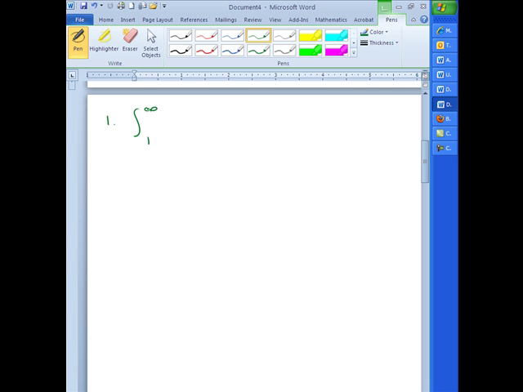So the integral from 1 to infinity of dx over x. This is the same as the integral from 1 to infinity of 1 over x dx. And so you should be able to integrate this. When you integrate this, you get the ln of x, and we have to integrate that from 1 to infinity.